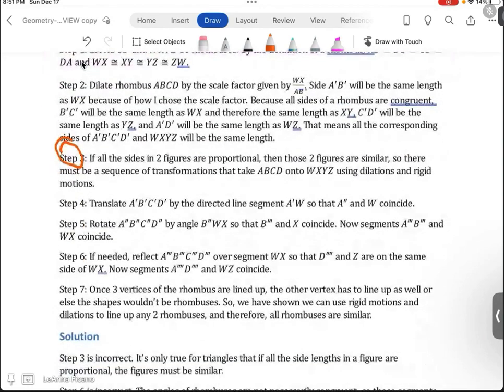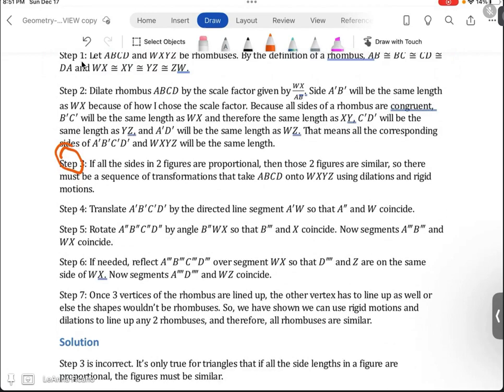Okay, step 4: translate A prime B prime C prime D prime by directed line segment AW so that A prime prime and W will coincide. So if you did have two rhombuses, and now we had made them all equal lengths, the sides, we're going by directed line segment AW.